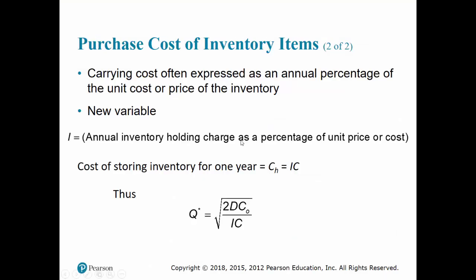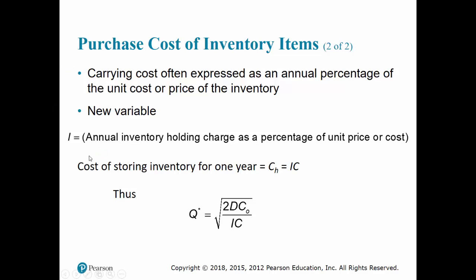Now sometimes, as I mentioned previously, holding cost may be expressed as a percentage of the cost of the item, because the cost of capital is the most significant part of carrying cost, and that would be directly proportional to the cost of the item.